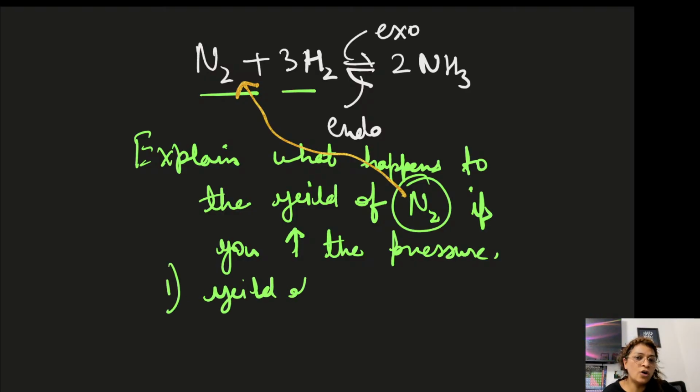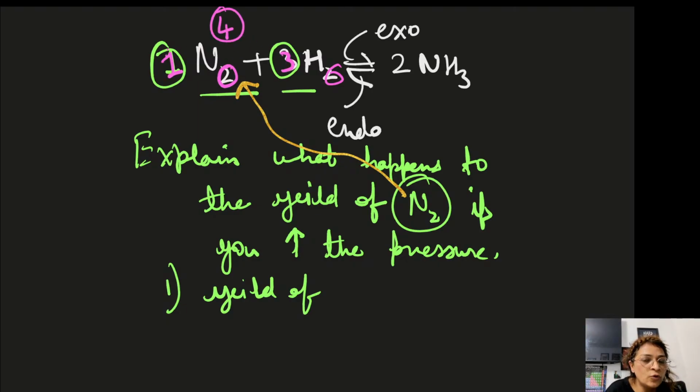If you increase the pressure, first you count the number of moles. 1 and 3. Don't take these small numbers, don't get confused. You're only counting this and this. So 1 plus 3 equals 4. And on this side you have 2 moles.